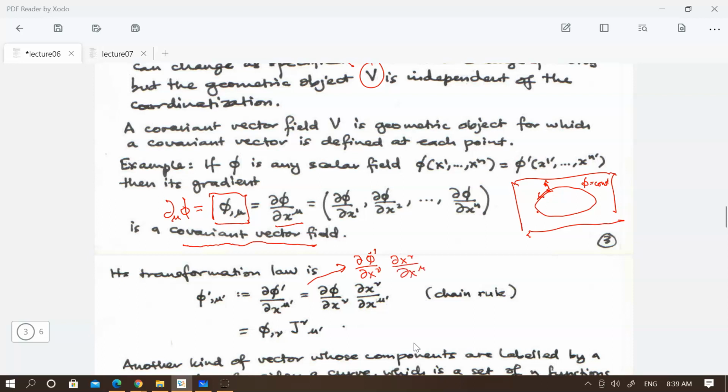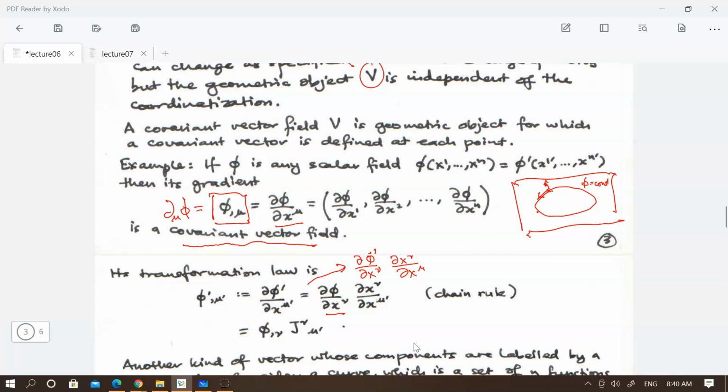But remember that phi dash is now being differentiated with the undashed coordinate. That seems odd, but remember the phi dash is the same as phi, being a scalar. So I rewrite this in terms of phi over here. So you get d phi dx nu dx nu dx mu dash. So this is just a simple chain rule.